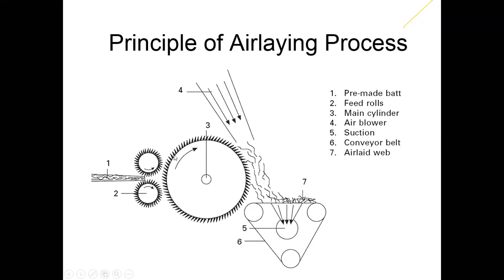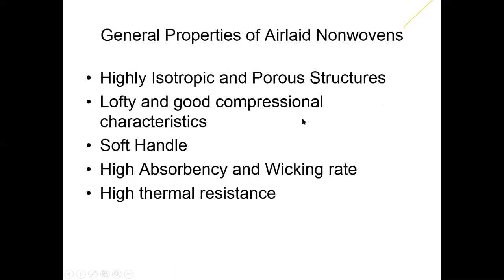So the fibers are being carried by the main cylinder, and then you have an air blower, and you are collecting all these fibers on a suction. With the help of suction and the conveyor belt, you are collecting all these fibers on a conveyor belt. So that's why you are producing a non-woven web with the help of the air laying process.